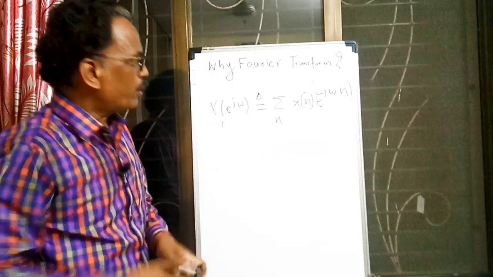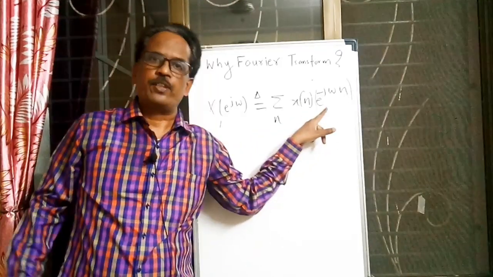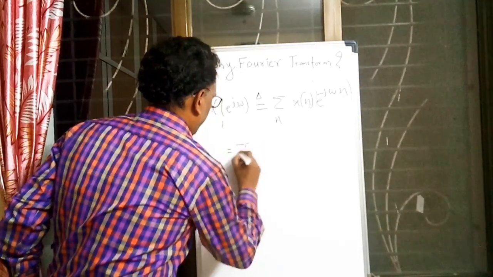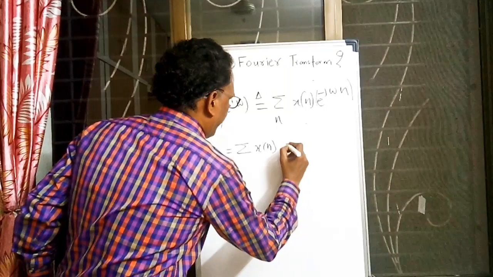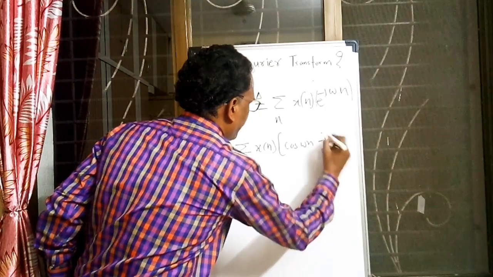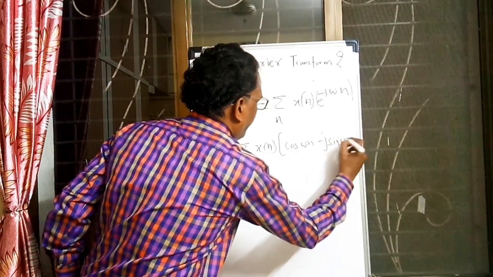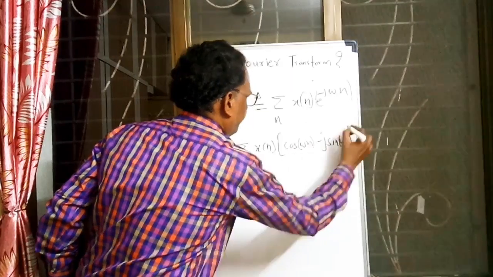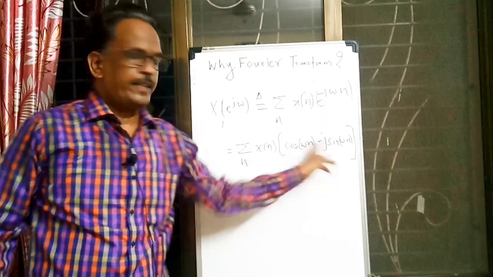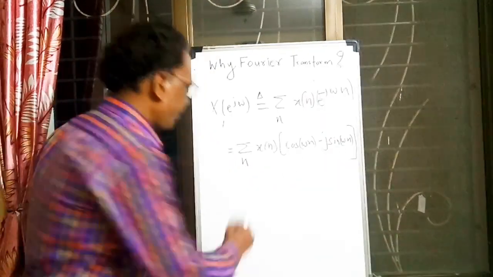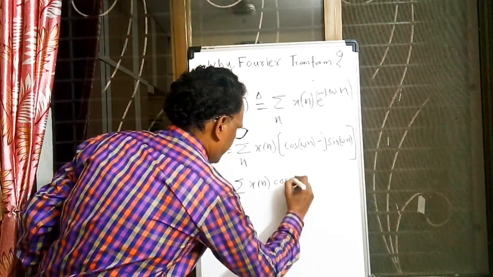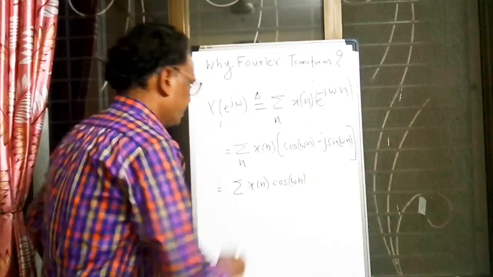So we know that e^{jθ} is nothing but cos θ plus j sin θ. So this can be written as x[n] e^{-jωn}, which means it is cos ωn minus j times sin ωn.